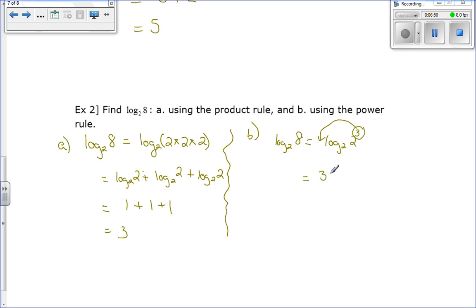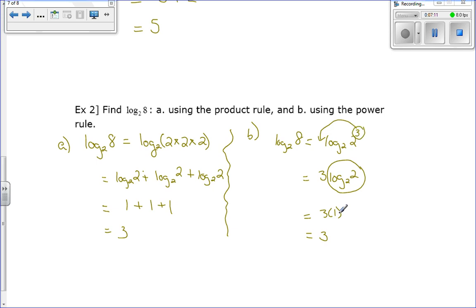So this is 3 times log base 2 of 2. And with our properties up on top, when our base and our number are the same, our answer is 1. So 3 times 1 is 3.